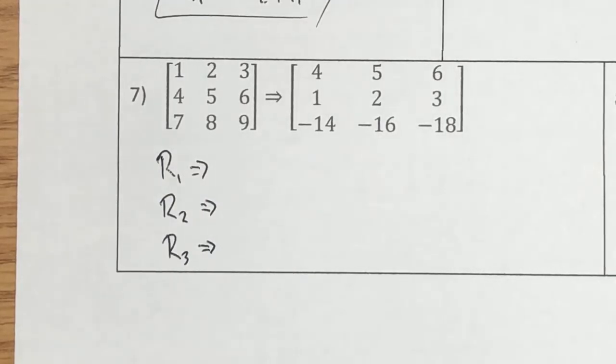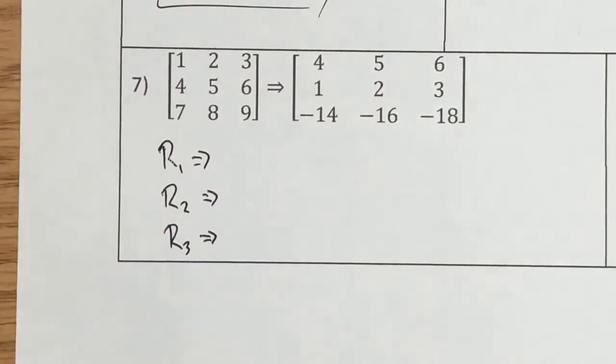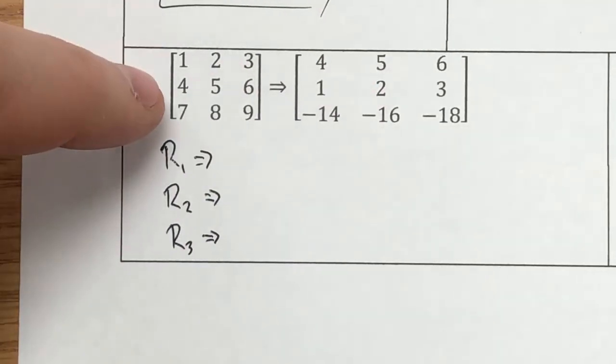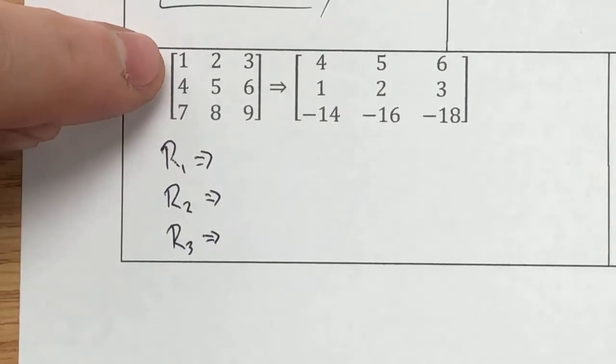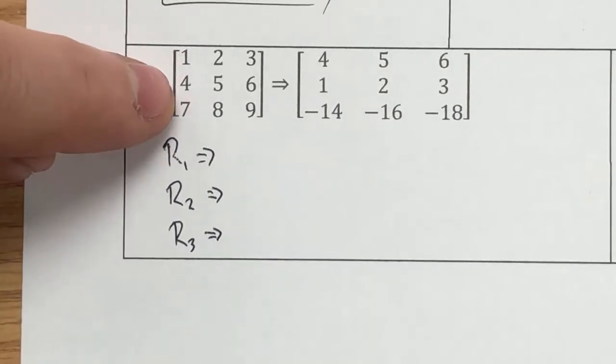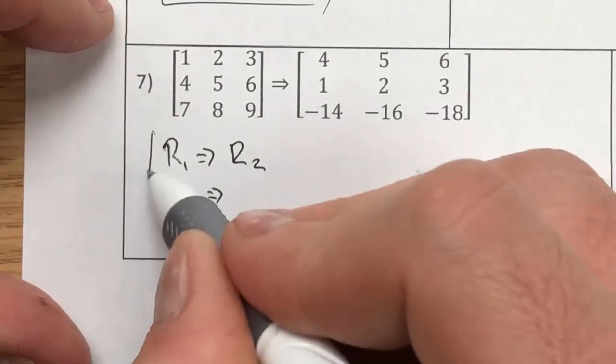So a couple different things I could do. Now I could try and come up with a rule for 4, 5, 6. I could also notice that 4, 5, and 6 were swapped. So you're going to have multiple options here which are correct. You could say, okay, row 1 is now what was in row 2, and that would be a correct answer.